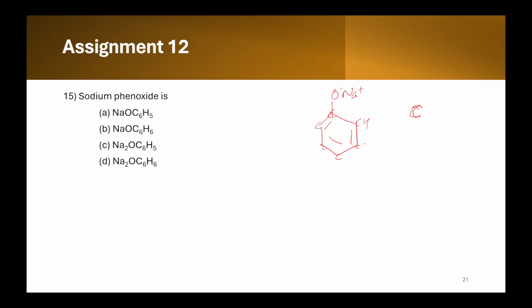It will have one H on each of the carbons, but this one will not have an H because ONa is attached to it. So C6H5ONa. So the correct answer is the A option. Or you can write it in another form as NaOC6H5.